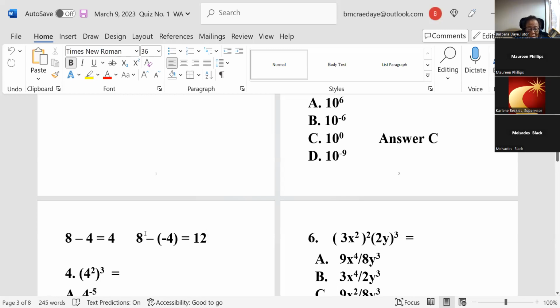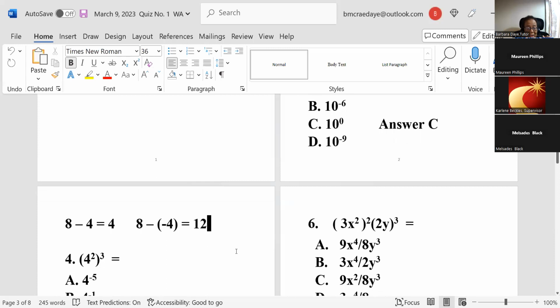Yes, because I was studying the calculator. Maureen, did you get your calculator? No. He says this calculator is a very powerful calculator. It certainly is.